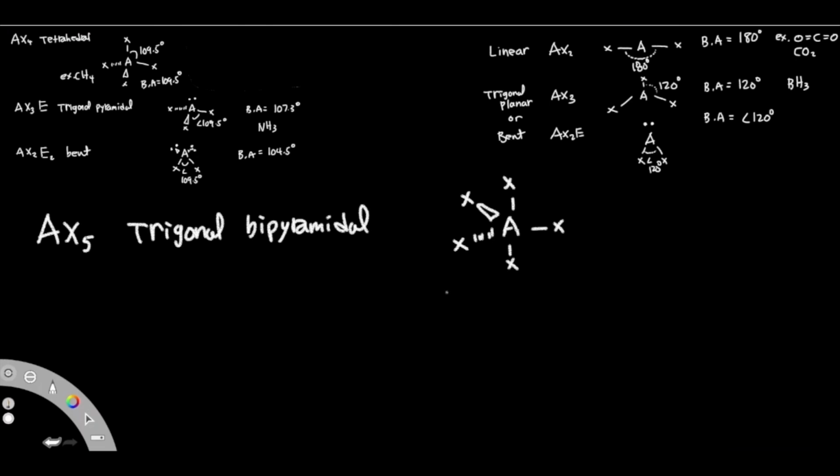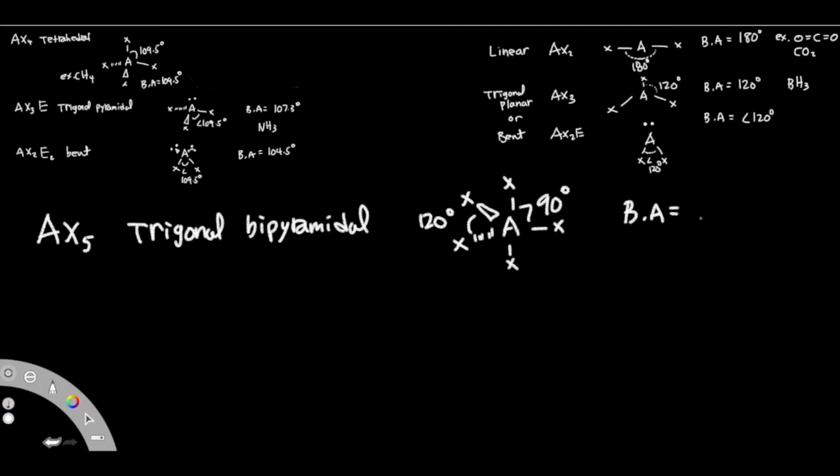The north-souths, which would be represented by these orientations, for example, would be at 90 degrees. So this one would be 90 degrees. But the equatorials, so these ones on the equatorials, is going to be 120 degrees. So this here would be 120 degrees. The bond angle, what did I just say?